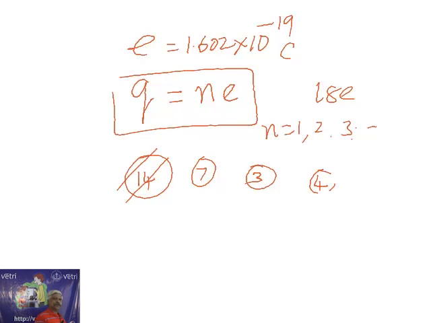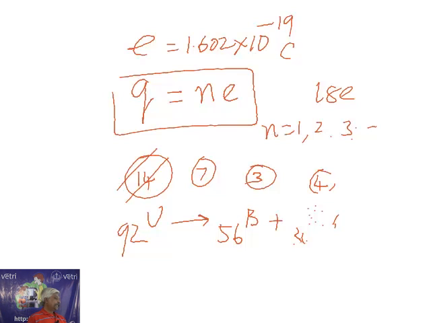Many examples you have also studied in nuclear physics and in chemistry. Uranium 92 has 92 electrons, which may be divided into barium 56 and krypton 36. We already studied this in nuclear fission.